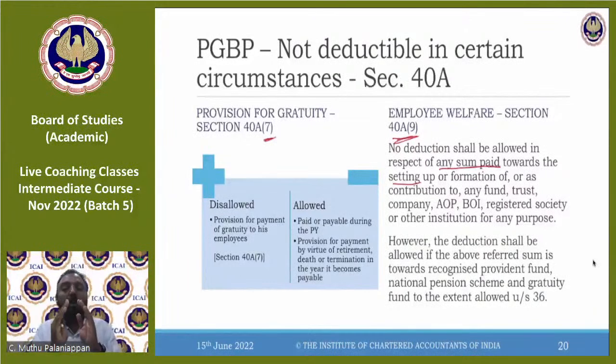So for setting up a trust for managing this fund, provident fund, superannuation, gratuity, whatever you have incurred is not an allowed expenditure for employee welfare scheme. And for employee welfare scheme, provident fund, superannuation, gratuity, pension, only the limit provided in section 36 is allowed. Anything beyond that is not allowed. One of the limits we discussed is 10% for national pension scheme. So beyond 10% it is not allowed. So that's what it is about.